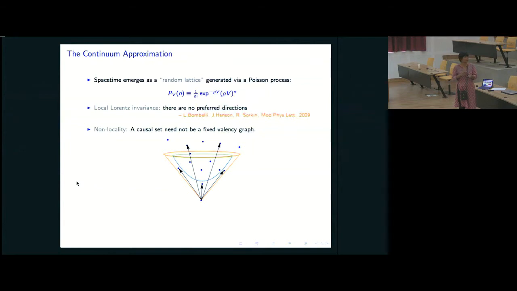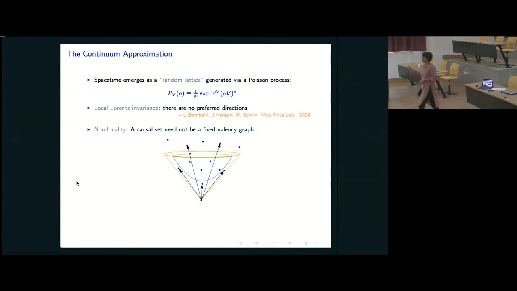Because of the Poisson process, these nearest neighbors can be distributed all along the future null hyperboloid, the future hyperboloid that's inside the null cone. I've drawn it here. So it doesn't have to be a fixed valency graph. In Minkowski spacetime, in fact, this is a graph with an infinite valency. So this is a highly non-local theory in this sense.